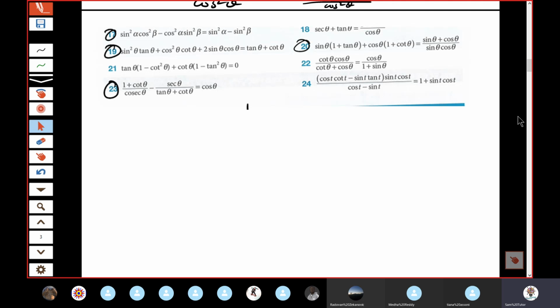You guys got 17 out? One yes. No. Sine squared alpha cos squared beta minus cos squared alpha sine squared beta.